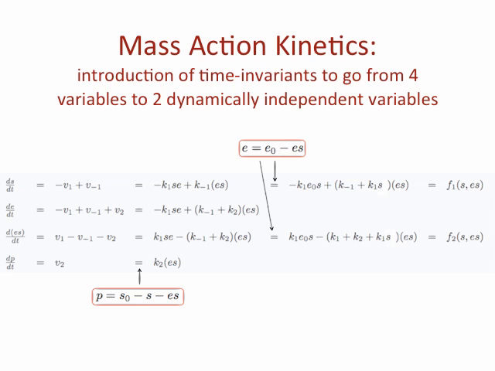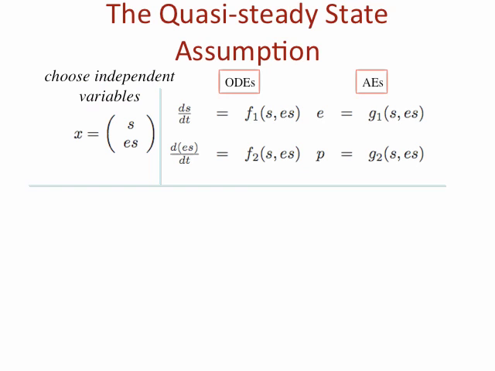This leaves us with 2 dynamically independent differential equations for S and ES, namely the substrate and the intermediate complex. And these right-hand sides are described by two functions, f1 and f2, that are functions of the two dynamically independent variables.